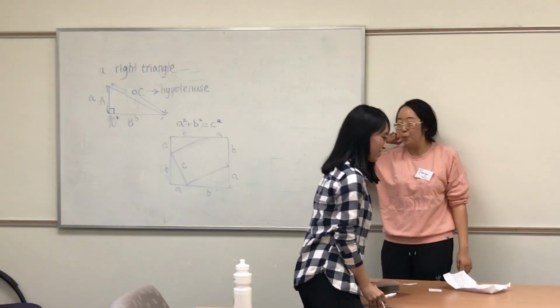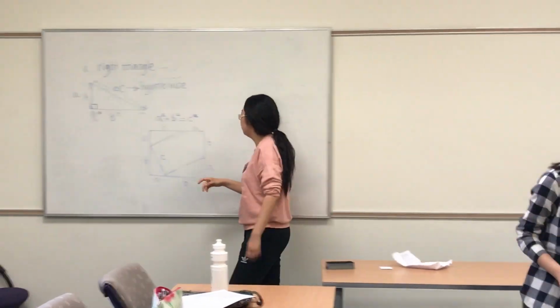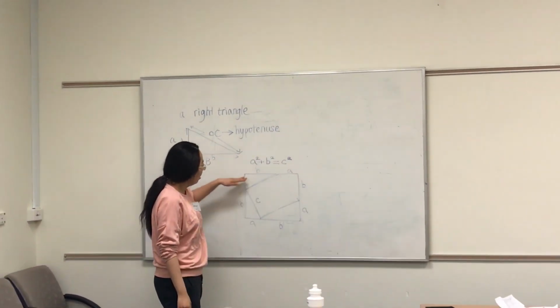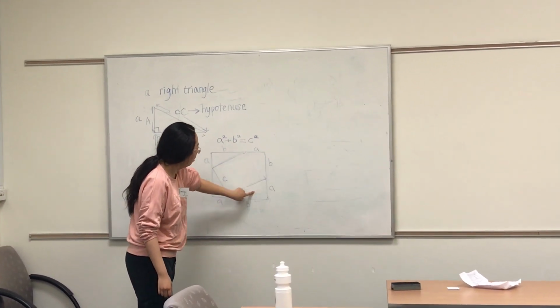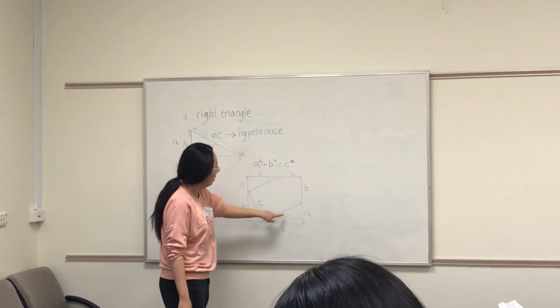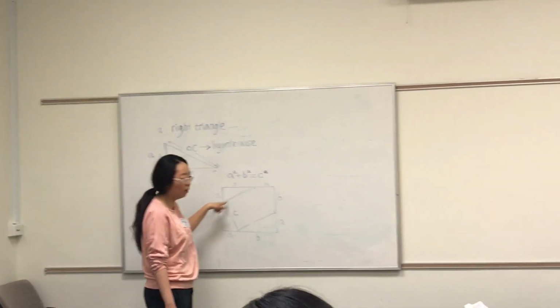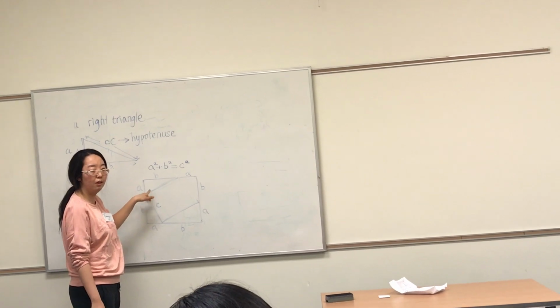But what is it equal to? It equals the area of these four right triangles, then we plus the area of this smaller square, right?